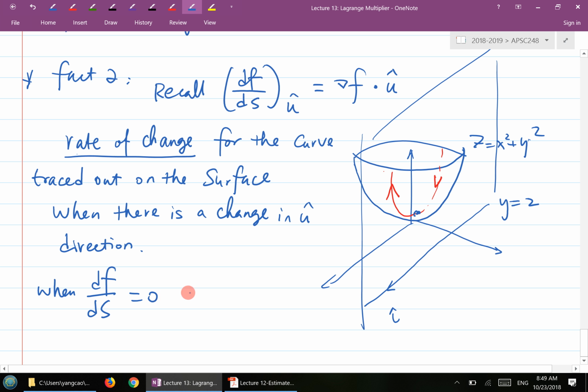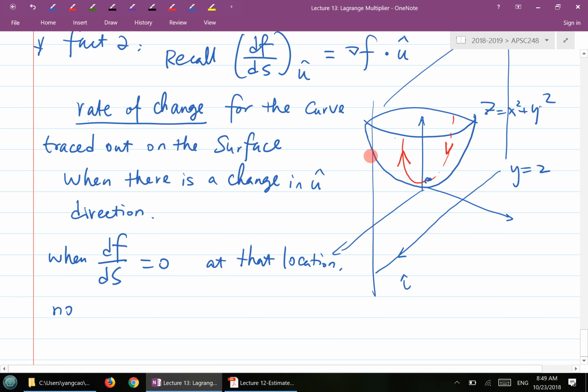So when this is 0, then at that location, there's no change in f. So that's basically what the directional derivative equal to 0 means.